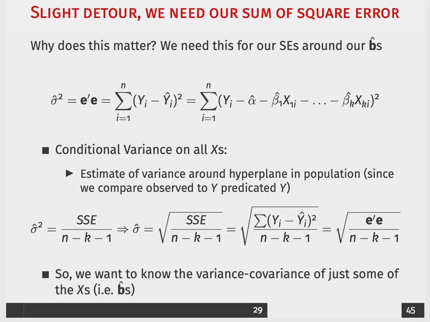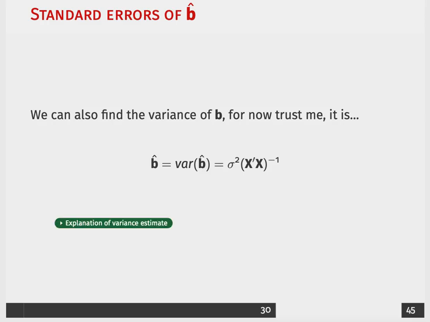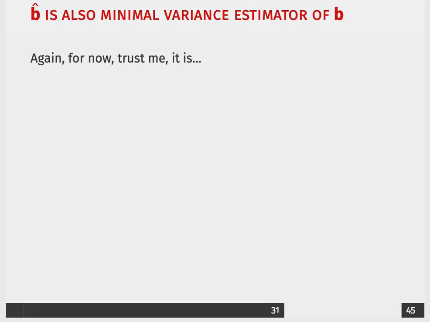So we want to know the variance covariance of just some of the x's. To find and construct the standard errors, we first need to find the variance of our betas. And again, for now, please just trust me that this is the equation that we're going to use, where it's going to be sigma squared times the inverse of X transpose X. Now, if you want an explanation of how we get to these estimates for the variance, please go ahead and take a look.